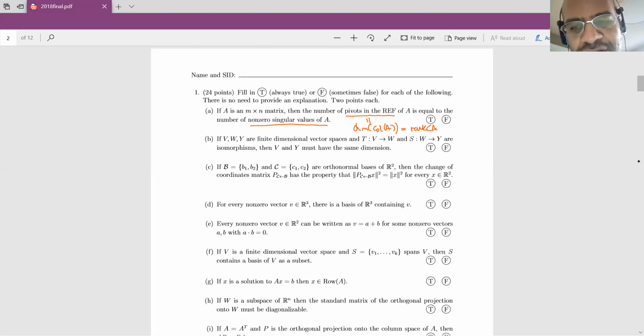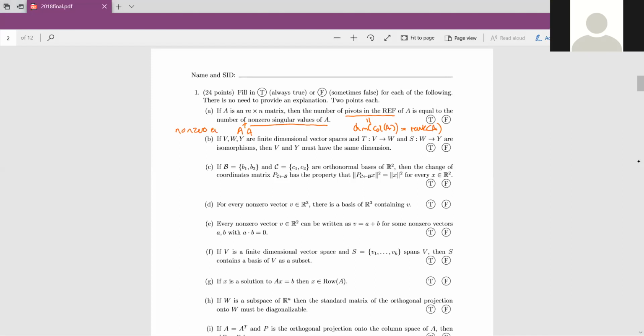Okay, what about the non-zero singular values? The number of non-zero singular values. So in the SVD, how many non-zero singular values are there? If you don't remember, think about how you find the SVD. You do A transpose A, and then the singular values are the non-zero eigenvalues of A transpose A, right?